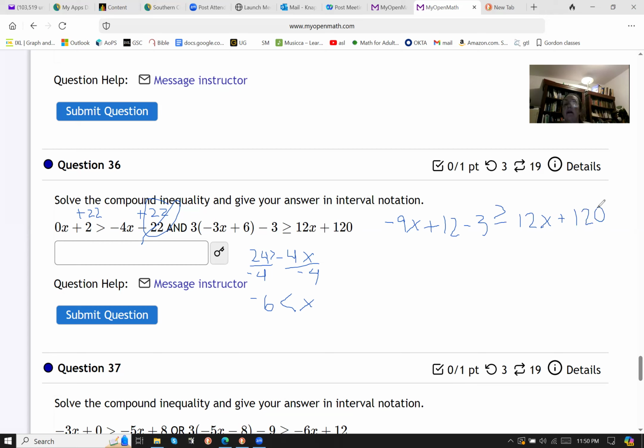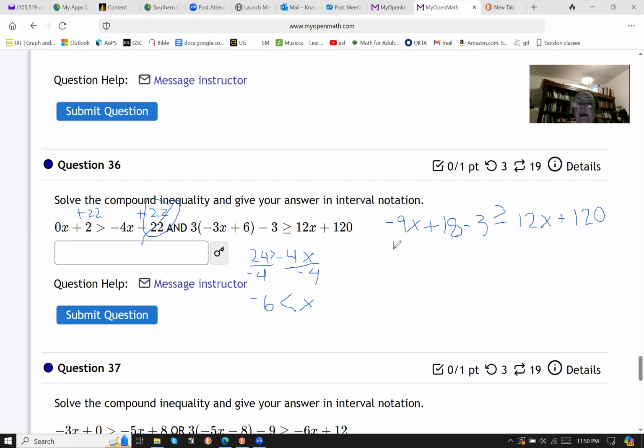Okay, we want to isolate our variable. And I'd like to end up with a positive coefficient of my variable, so I'm going to add 9x to both sides. Or this should have been 18. 3 times 6 is 18.